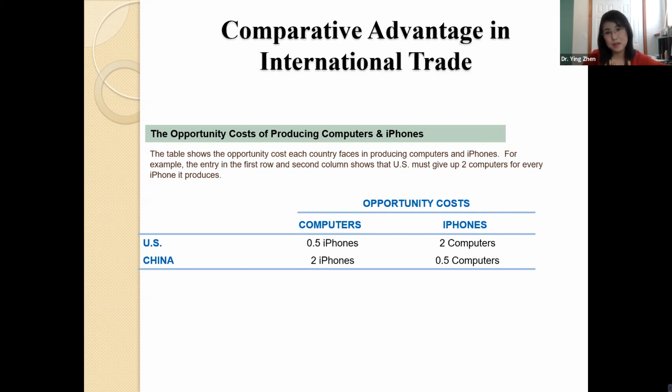Those terminologies could easily get students confused, but once we explain it this way, like how many iPhones each country has to give up in order to produce one computer, the amount of iPhones that have to be given up measures the opportunity cost of producing one computer.